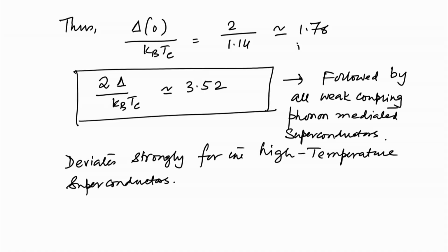There is very little consensus whether phonons are involved in this pairing mechanism, or there is something else involved. In any case, this 2 delta by kTc that we have found to be 3.52 is a value that is much higher there, maybe between 5 and 6, and these are not at all called weak coupling superconductors. These high temperature superconductors belong to a class of non weak coupling, rather strong coupling superconductors.